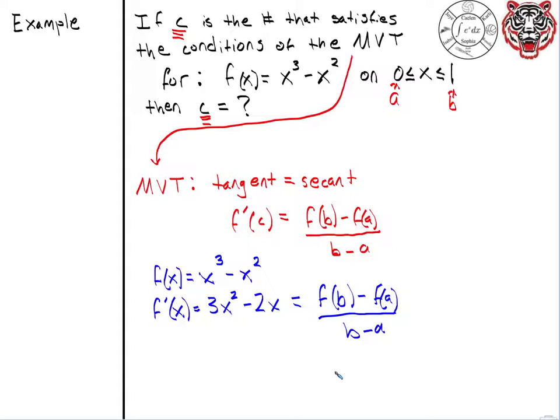Okay. Give you a little bit of time to digest. What did we just do? So you set the tangent equal to the secant. Yep, we set the tangent line, the derivative, equal to the secant. You know that the tangent is f prime of x.